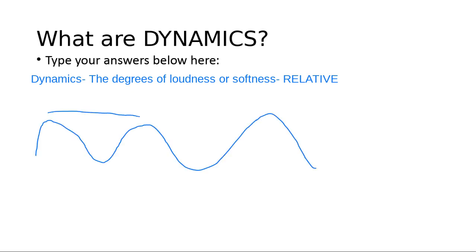The distance from here to here tells us the pitch. That tells us the frequency. Okay, the amplitude, or the distance from here to here, is what tells us the dynamics, the loudness. It's how much that air is vibrating, the width of the sound wave.